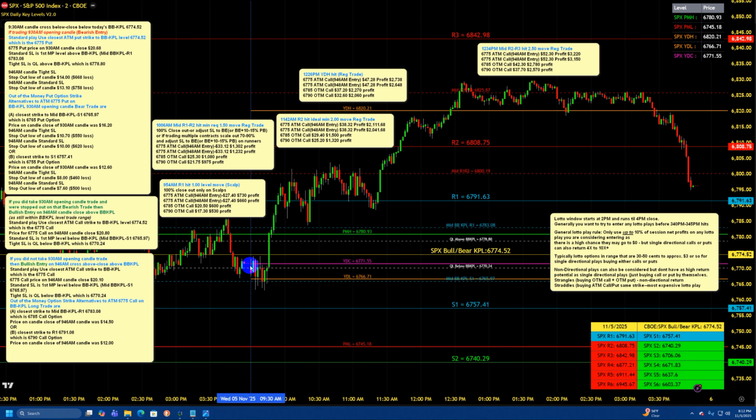This 9:30 candle is sort of a candle on its own. After this candle, so this is the only candle of the strategy where it's just a one candle strategy, meaning that where this closes determines the bullish or bearish play based on the bull bear key price level.